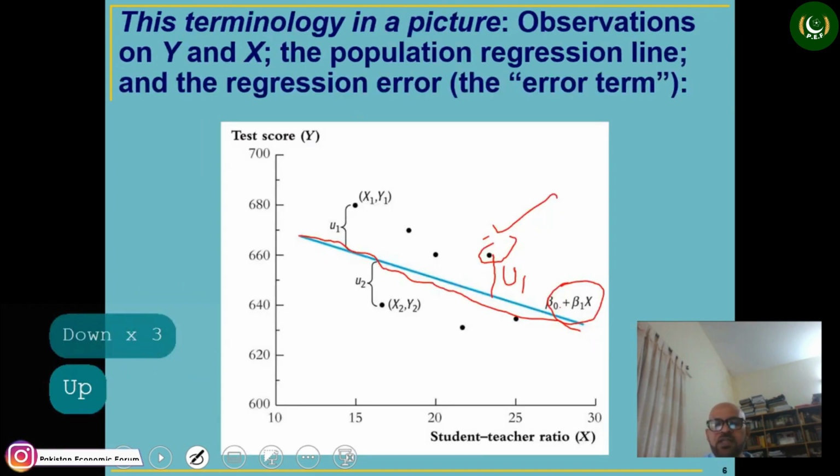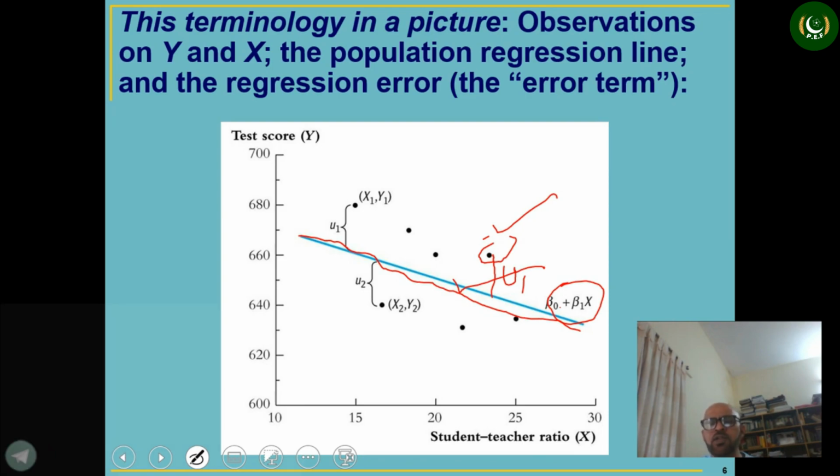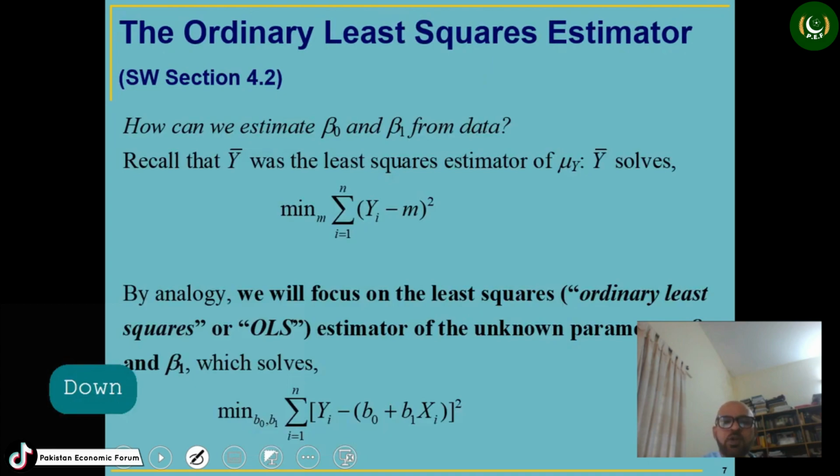We try to fit this blue line in such a way that the sum of squares of errors is minimized. Since errors are unobserved, we always get from the sample the sample errors, which you may call residuals. So we say sum of squares of residuals. As we minimize the sum of squares from the mean, similarly in ordinary least square we try to make this sum of squares as least as possible, and this is called least square.